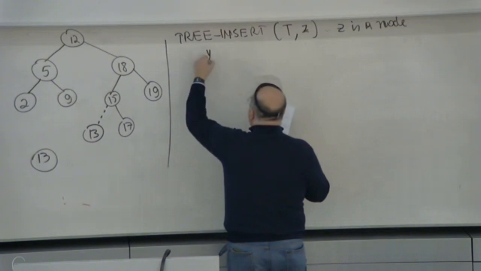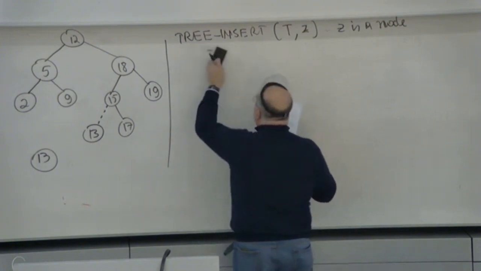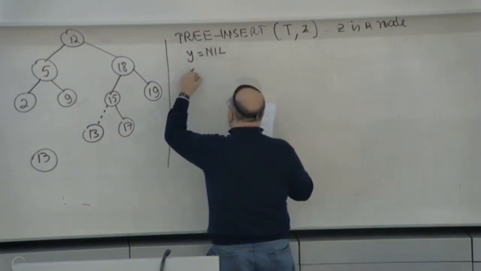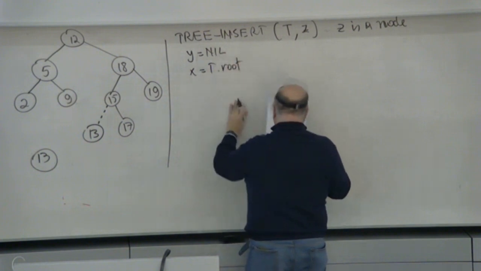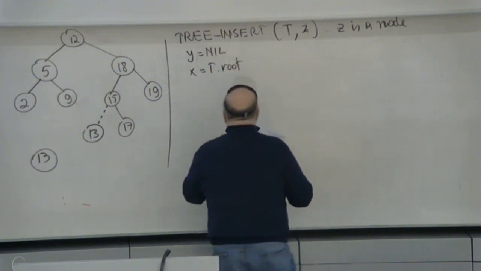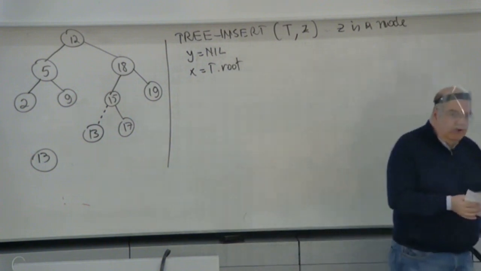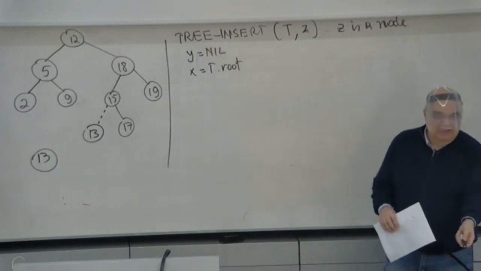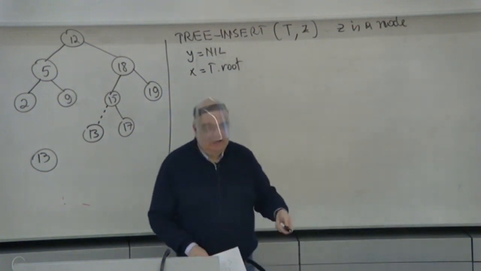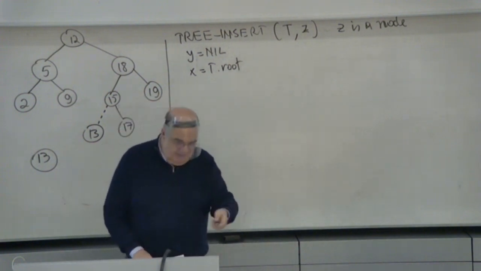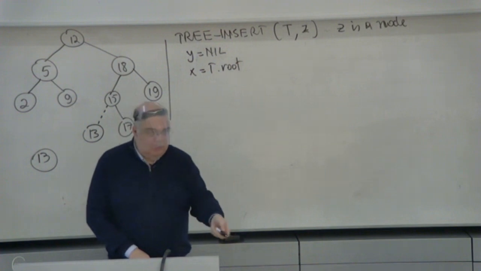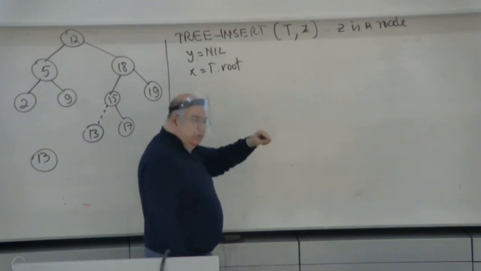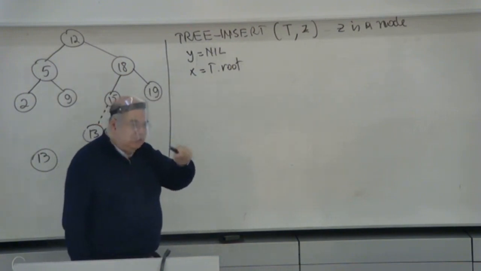And the procedure goes in this way. Y is nil, and X is the root of T. The idea is that you go down, but at some point you'll end up at nothing, because you need either a left child or a right child to put the new node, and at that point you will be pointing to a non-existent node.